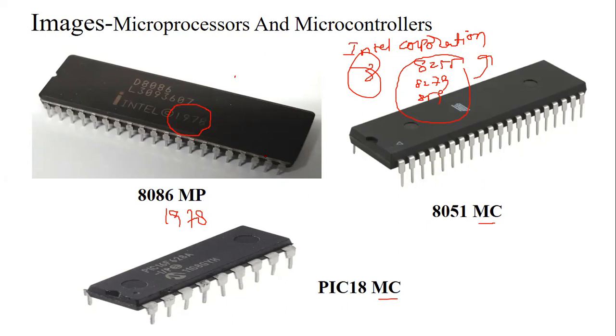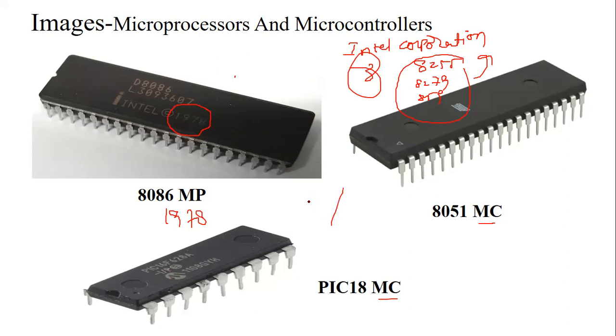You see, the microprocessor and microcontroller look like the same devices on the outer side. These three devices look quite similar. But what is the difference between them? You can categorize them into two different ways.